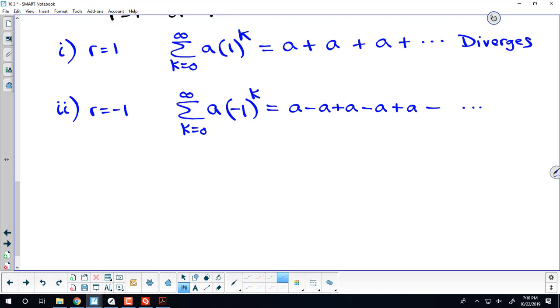If we add up an even number of terms, what is that series? 0. If you add an odd number of terms, what is the series? It's A, right? So this sum is either 0 or it's A. Does it converge or diverge?